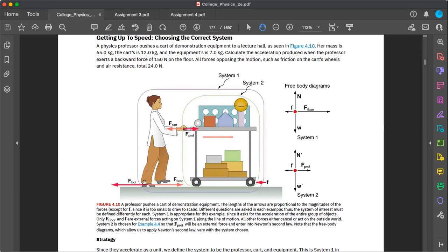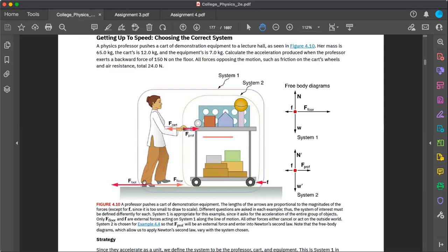And F floor is exactly the opposite of the foot force, the same magnitude but in the opposite direction. So from the third law, we can see that the force of the floor is exactly 150 Newtons, but in the opposite direction, which is the direction of the moving of the teacher and the equipment. Okay. Is that part clear?